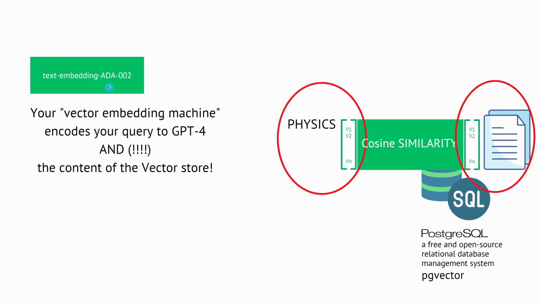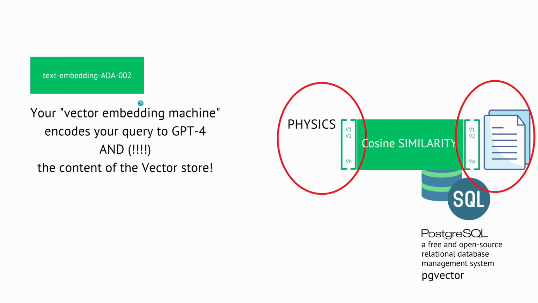This here is the only vector embedding machine you can use if you perform a similarity operation, because it has to have the same base on the query and on the answer. Otherwise, they won't fit together. You are in big trouble if you use some embeddings from a vector search engine or a vector store provider, and you encode your query, let's say here with an OpenAI vector embedding machine.